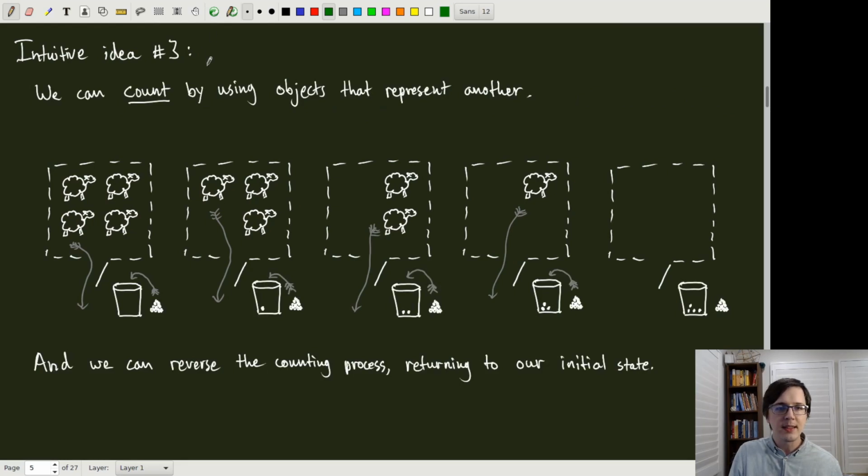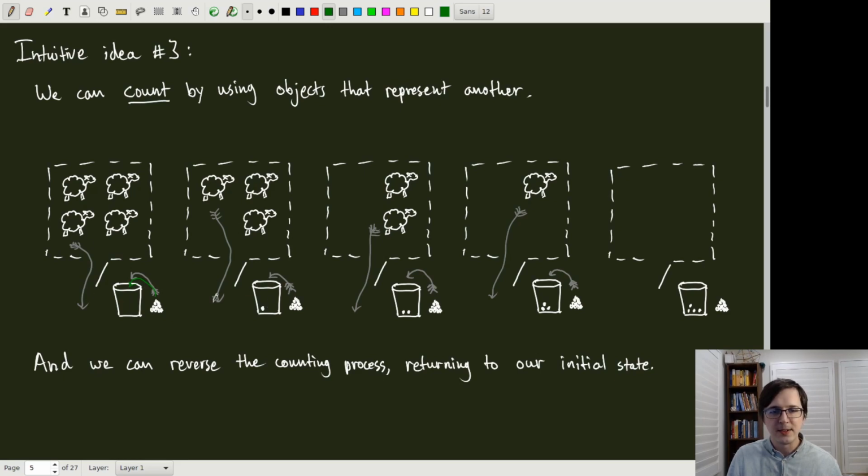Intuitive idea number 3 is that counting is this abstract thing that allows us to use objects of one type to represent another. So for example, as our sheep are leaving the pen, we can take a pebble and put it into the bucket. For each sheep, we put a pebble in. After the first sheep leaves, there's one pebble in the bucket.